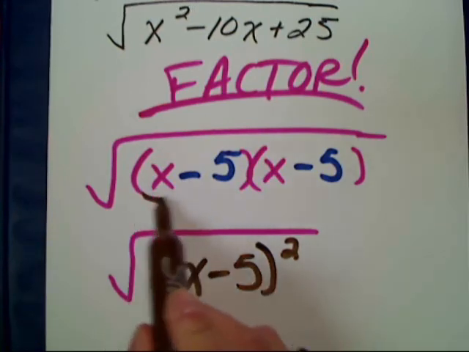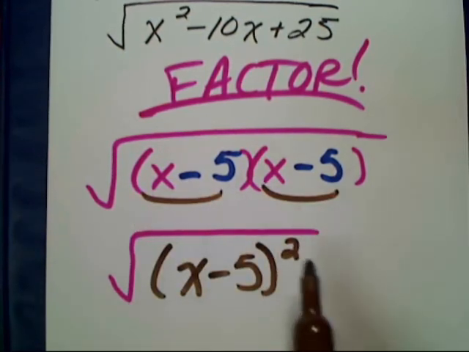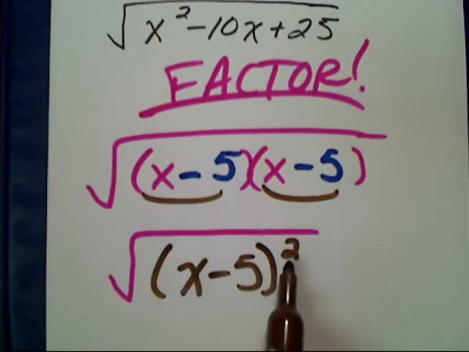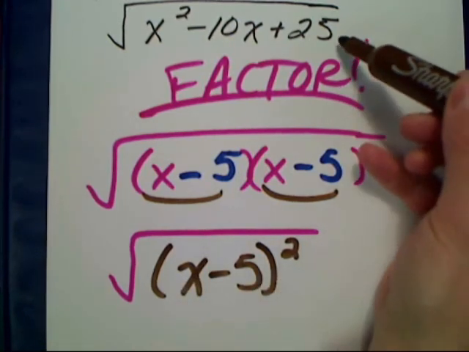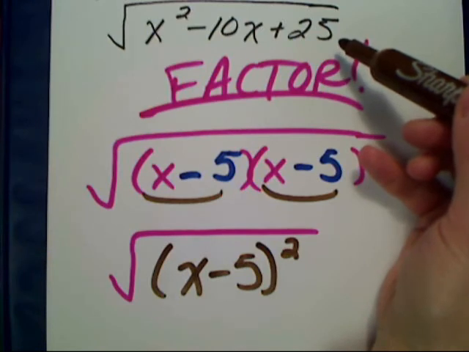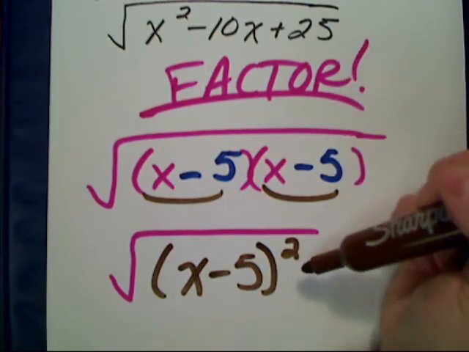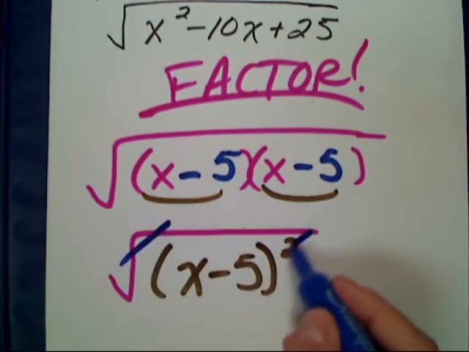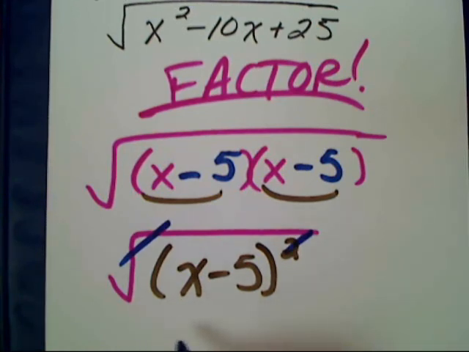So because these are the same, I can write that as a quantity squared. So x minus 5 quantity squared is the same thing as this trinomial of x squared minus 10x plus 25. So I didn't change the value of it, I changed what it looks like. And now I have a quantity squared that I'm taking the square root of. Now the two can cancel, leaving me with my base of x minus 5.